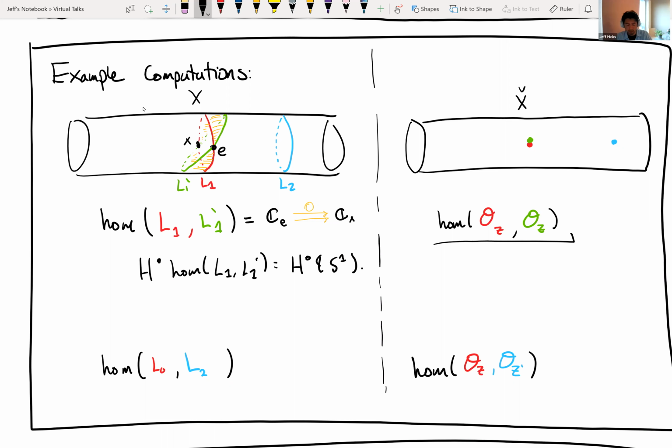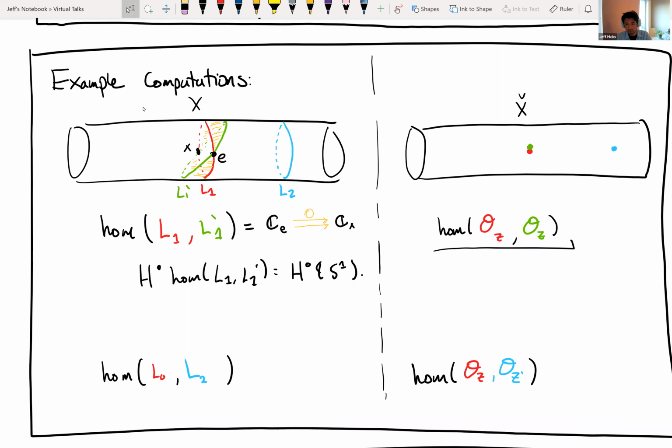On the flip side, if you were to compute Hom in the derived category of sheaves between the skyscraper sheaf living above a point and itself, in this case, you would get the self-Ext of the skyscraper sheaf, which you can compute by resolution. And if you were to compute this Ext of O_Z with itself, you would again get something that looked like H of S1.